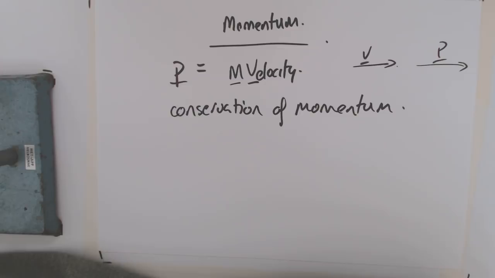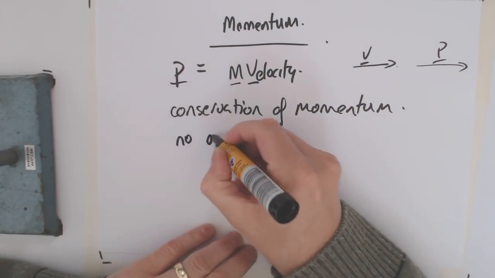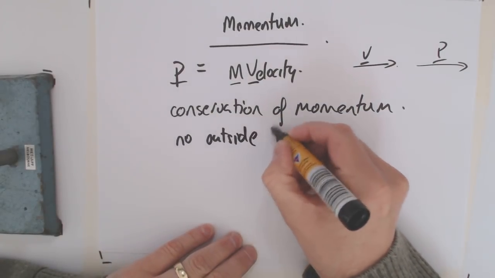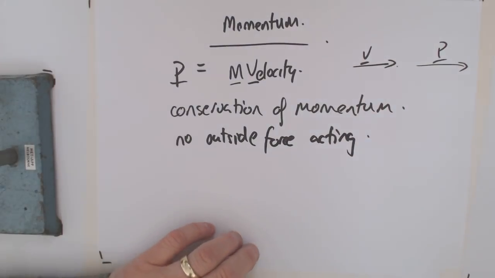We say that momentum is conserved. It's a law of the universe. Conserved means you can't lose the overall momentum in a situation. Now, there are a few conditions. One is that conservation of momentum acts as long as there are no outside forces acting. And that's because forces will change momentum.